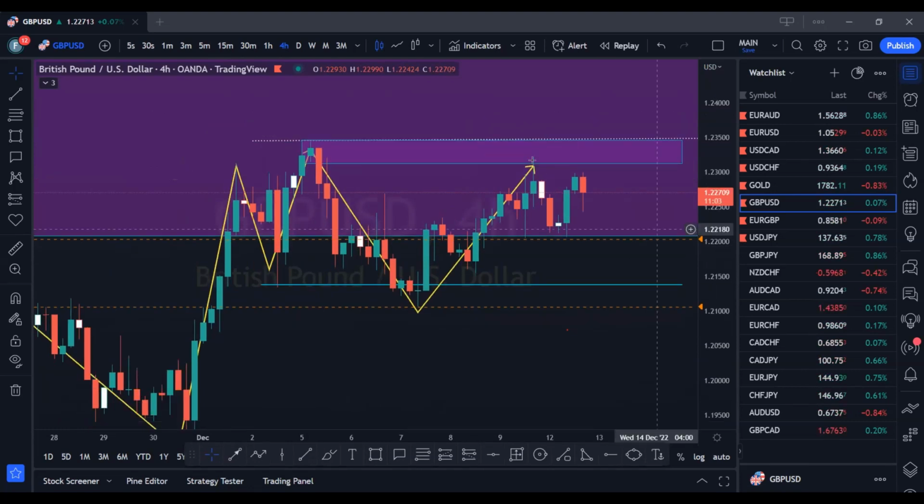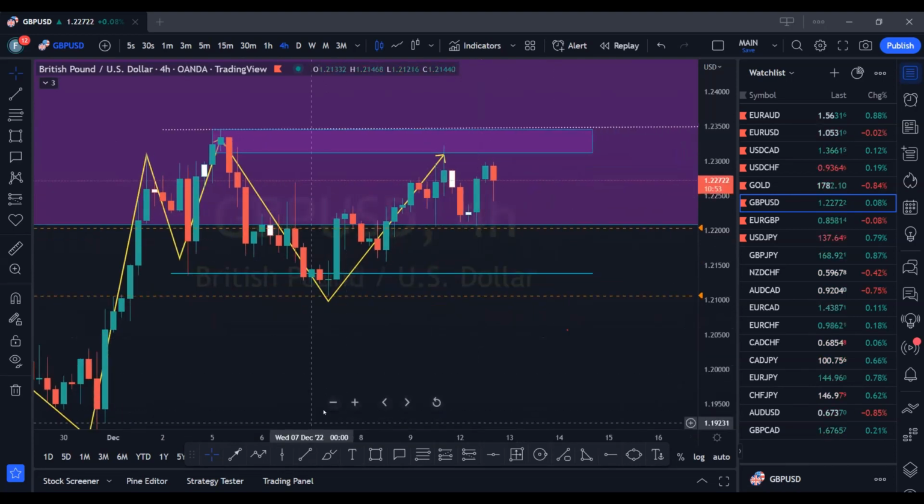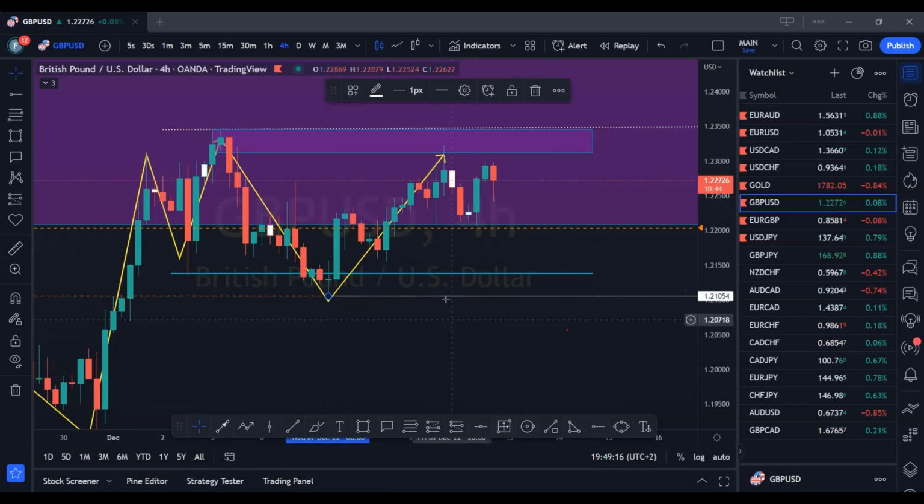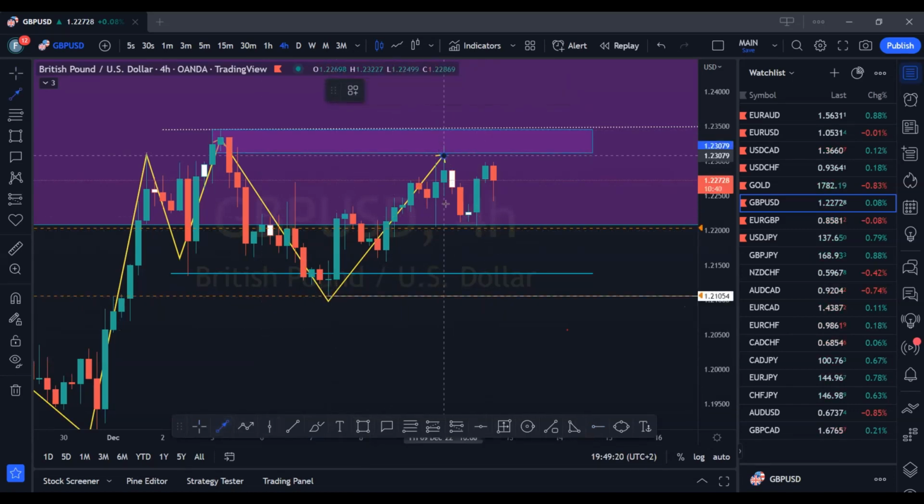So ideally, if this zone is going to hold, it is the zone that will change this bullish order flow to a bearish order flow. So the best place to place your take profit is going to be at this low here. This low needs to be broken so that we see a lower low begin to form.